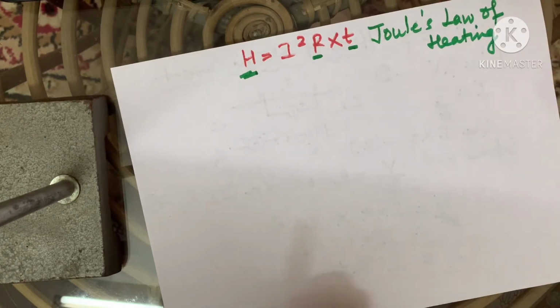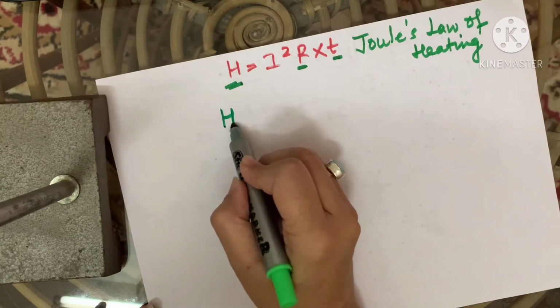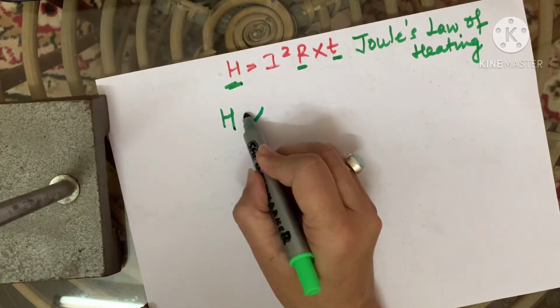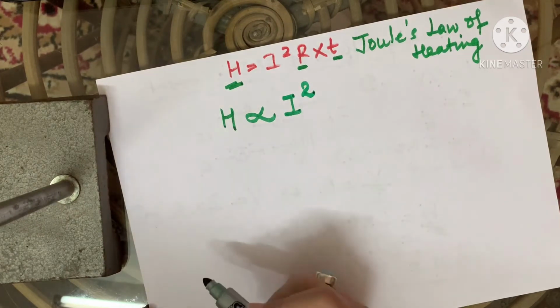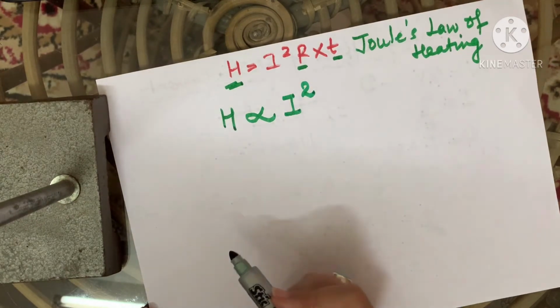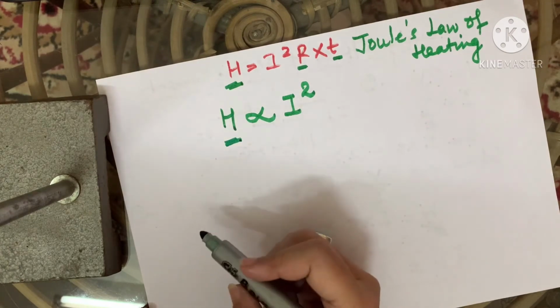According to Joule's law of heating, given by the formula H = I²RT, it is clear that heat produced is directly proportional to the square of I. For example, if we double the current, then the heat produced will become 4 times.